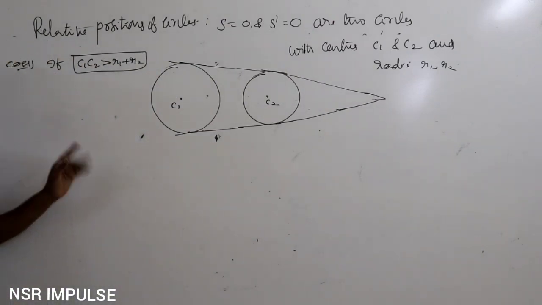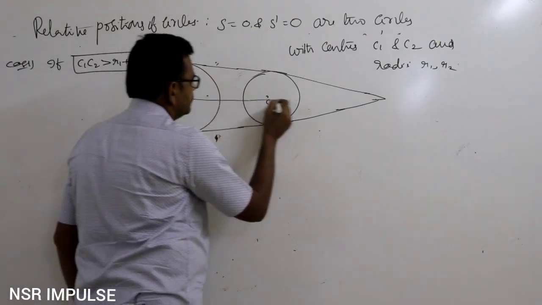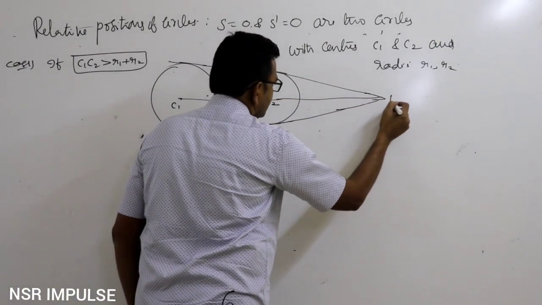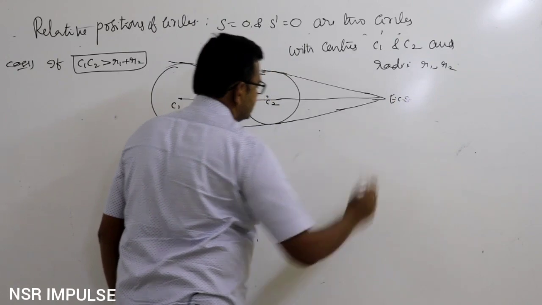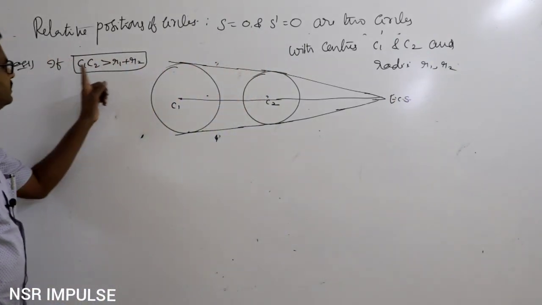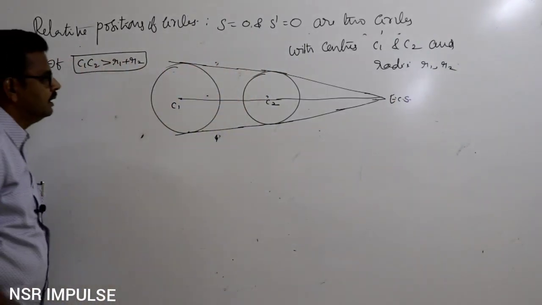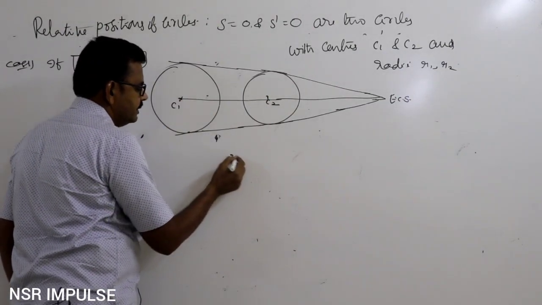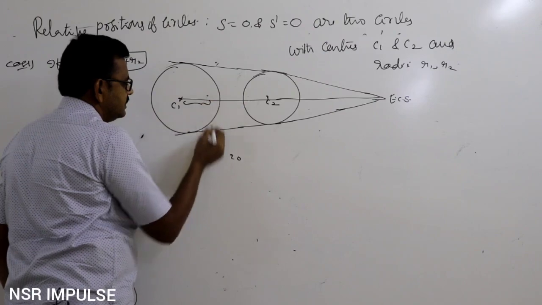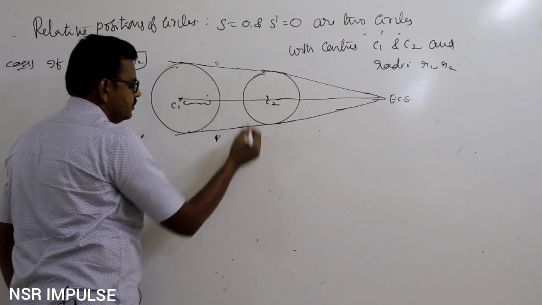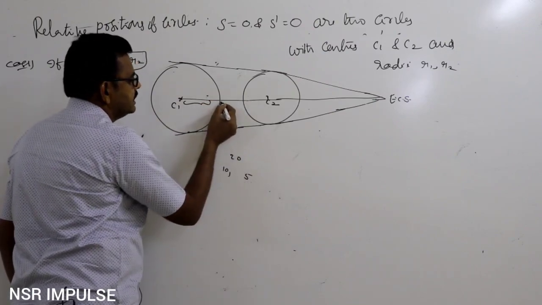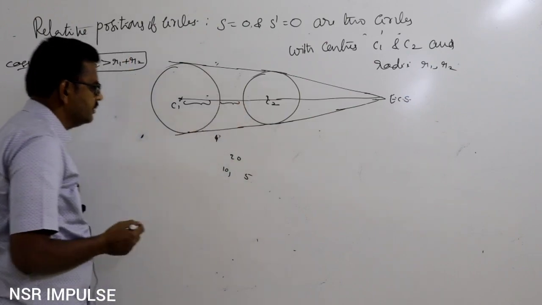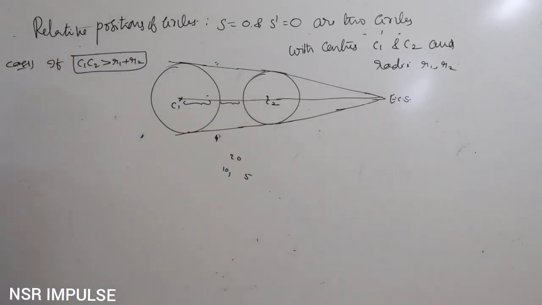Maybe there is a chance if R1 is equal to R2 also. External center of similitude. If C1 C2 is greater than R1 plus R2, suppose the distance C1 C2 is 20 units, R1 is 10 units and R2 is 5 units. Then the distance between those two is 5 units.